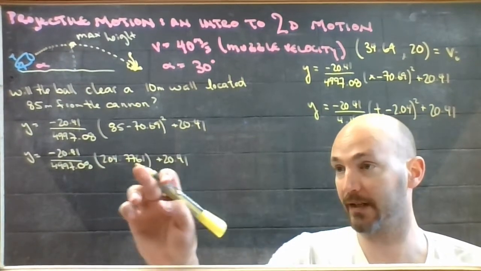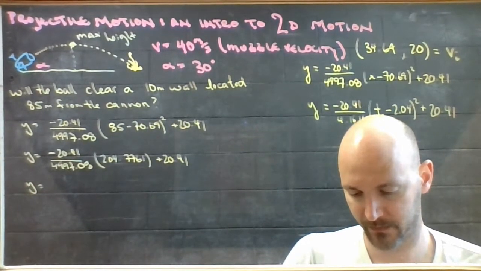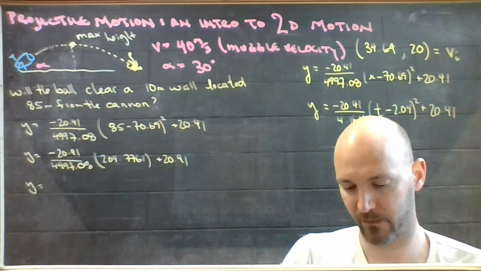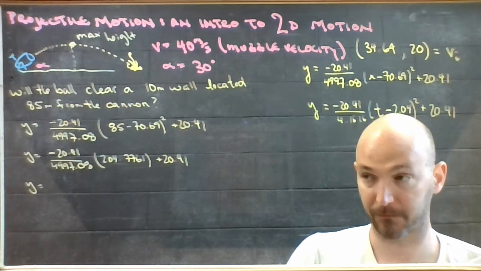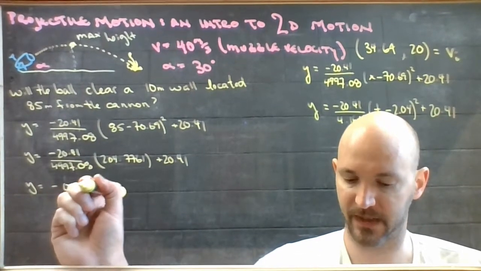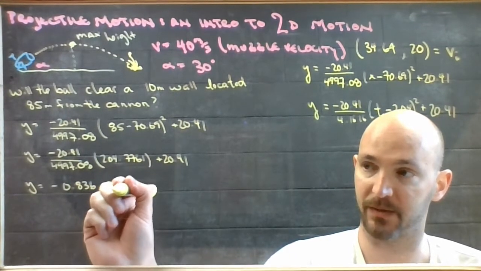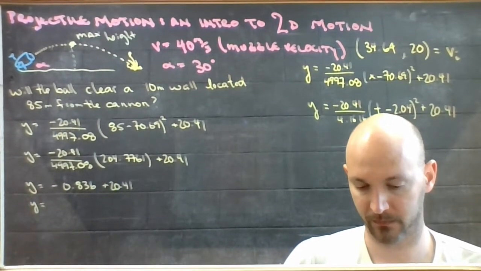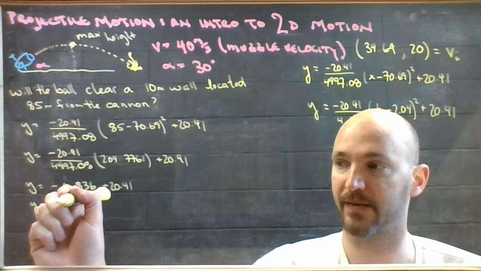All right, so that number multiplied by negative 20.41 gives me negative 4,179 divided by 4997.08 gives me negative 0.836 plus 20.41 gives me 19.57 meters.